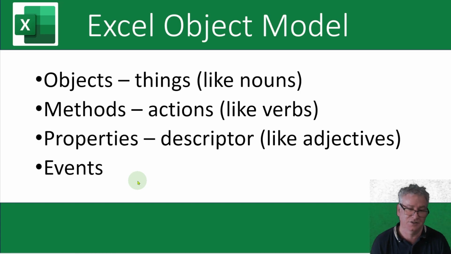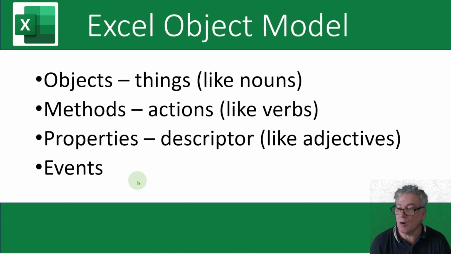They're methods. And a method is a doing thing, all right? So when you have a range, which is an object in Excel, you might select the range, right? That's something you do. You select it, all right? So methods are like verbs.